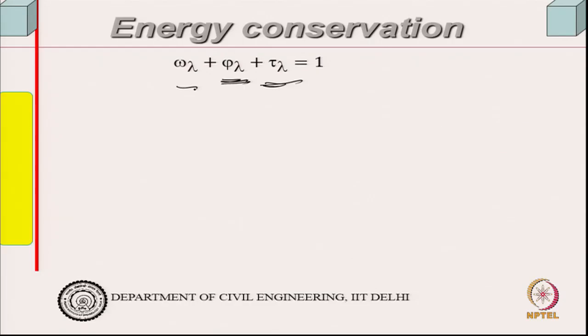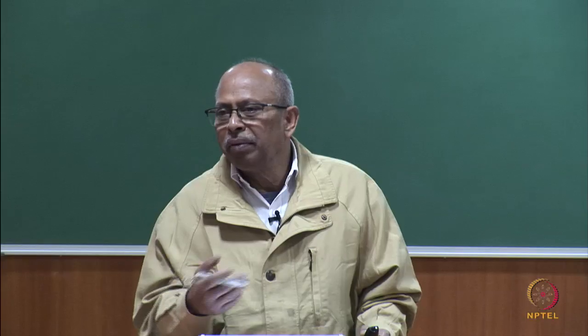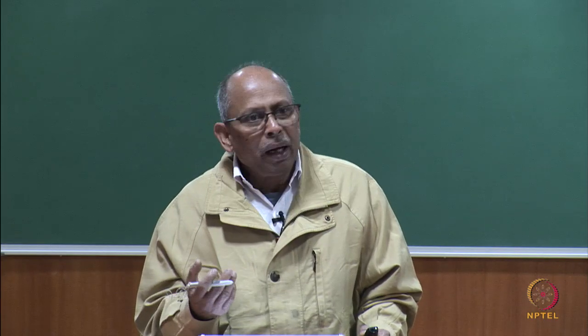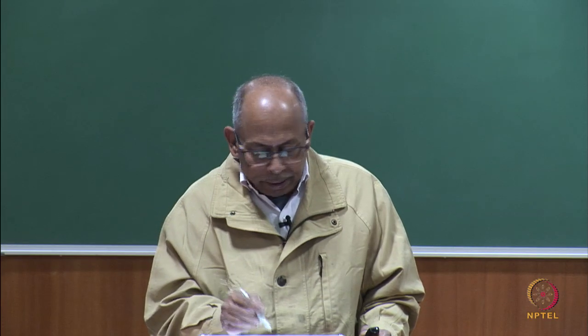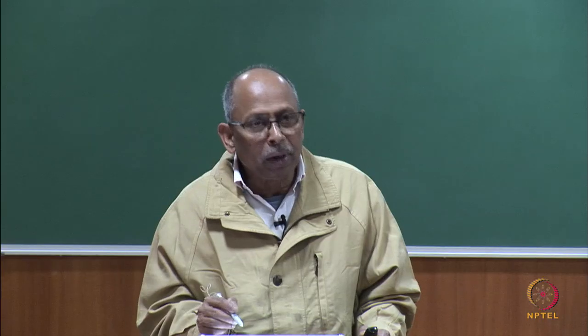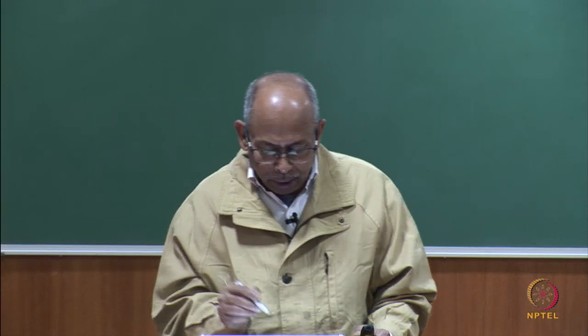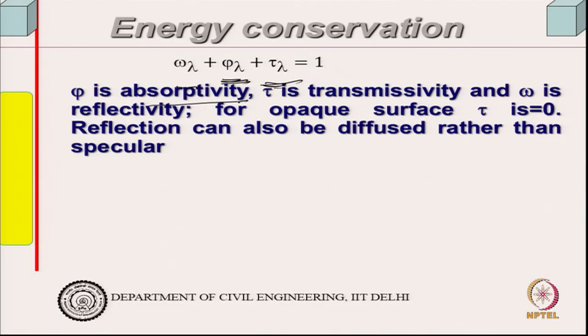Reflectivity is defined in the same manner, the fraction of energy reflected back divided by the energy incident, and this is transmitted. A transparent body of course will transmit. So this is the sum total: absorptivity, transmittivity and reflectivity. For an opaque surface tau is 0. For an opaque surface no transmission would occur, but reflection can occur.